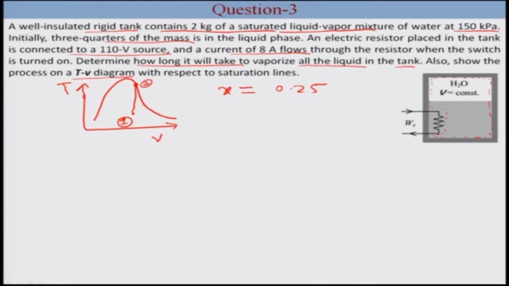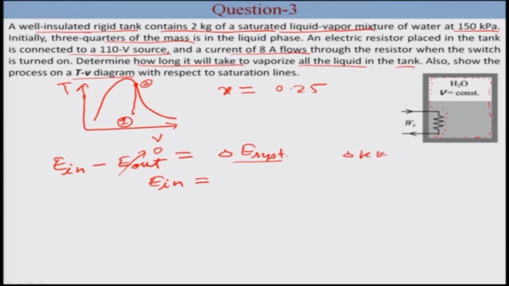Since it is a closed system, the energy balance on the closed system will be total energy in minus total energy out equal to change in total energy of the system. Since this tank is well insulated, there is no energy coming out of the system. Only energy in is equal to the change in total energy of the system. Since the system is stationary, delta KE and delta PE will be 0.